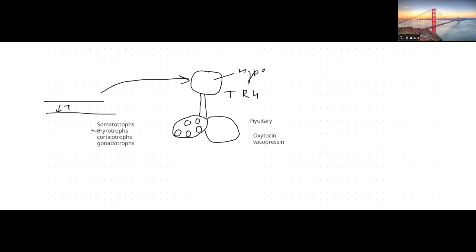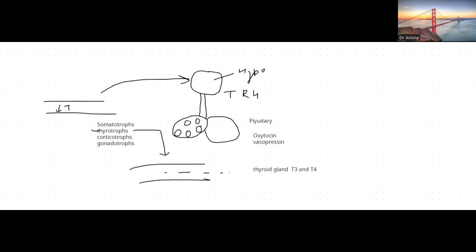The thyrotrophs release TSH into the blood circulation, and through the blood it reaches the thyroid gland, where it activates the synthesis and release of thyroid hormones, that is T3 and T4, and your homeostasis is maintained.